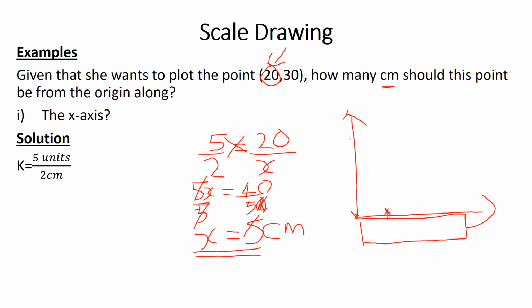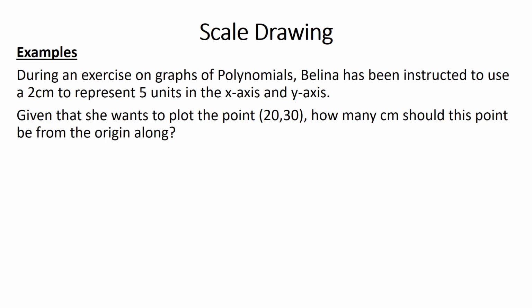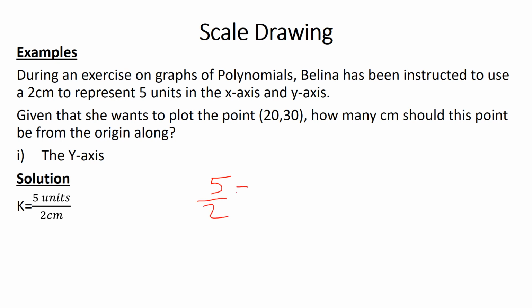Okay, so we do the same concerning the y-axis. So let's go to this number 30. For the y-axis, we do the same again. Scale factor we know, so we're going to write scale factor, which is 5/2, equals map distance, which is 30.